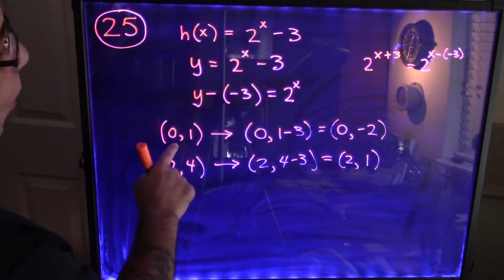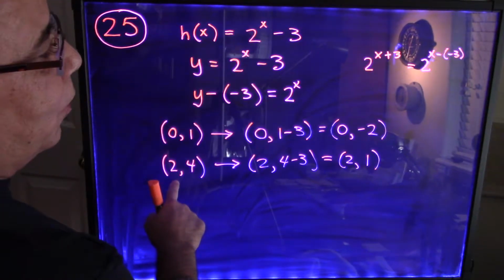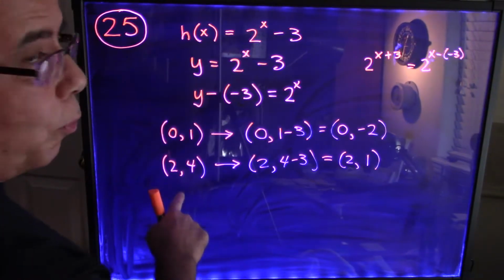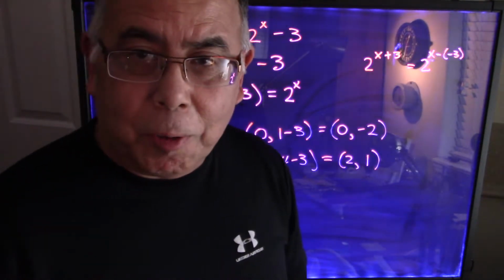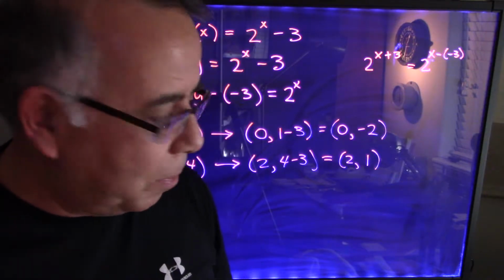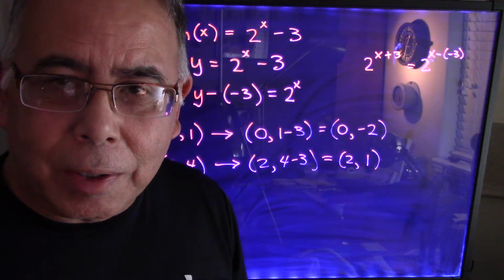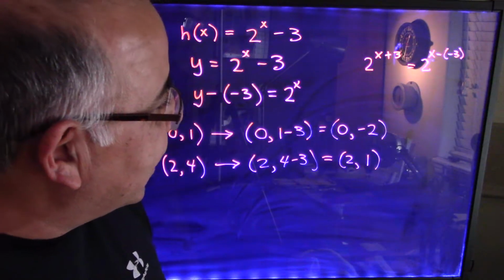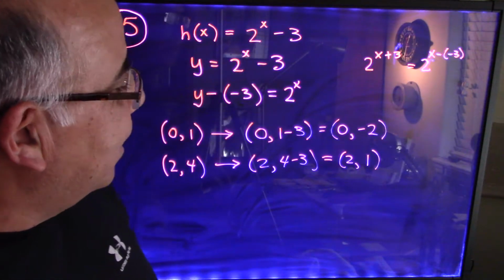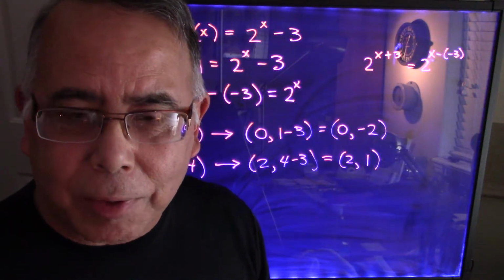So 0, 1 would become -3, 1, and 2, 4 would become -1, 4. All right. If you don't believe it, graph that on your graphing calculator and see if it bears out what I just said. So it doesn't become too difficult to transform these graphs.